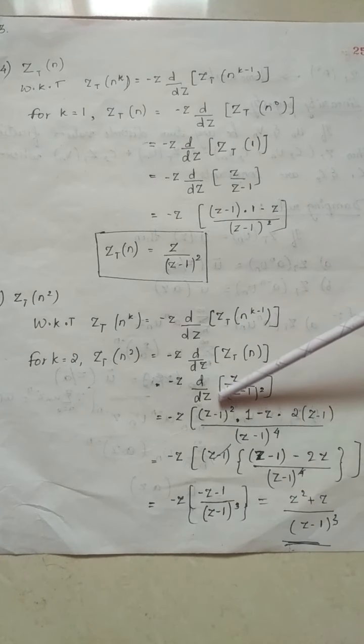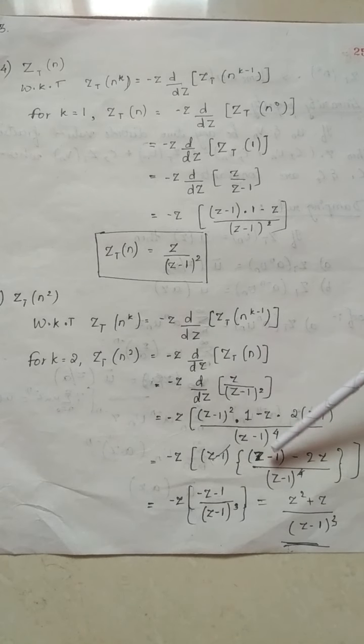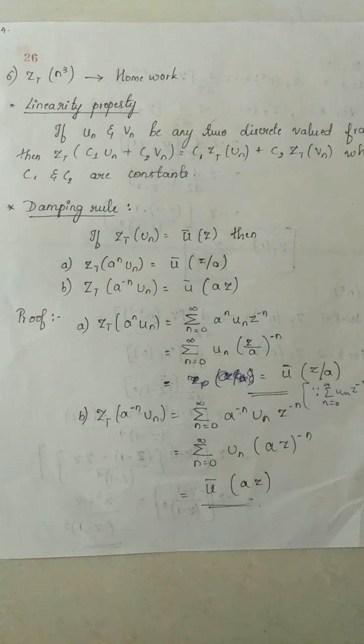Now expand, take z minus 1 common from these two terms and simplify. You get z square plus z upon z minus 1 whole cube. Similarly, we can find the z transform of n cube. Here in the result, we can replace k by 3. We get the z transform of n cube.